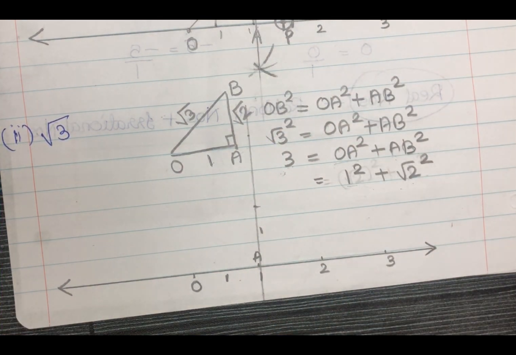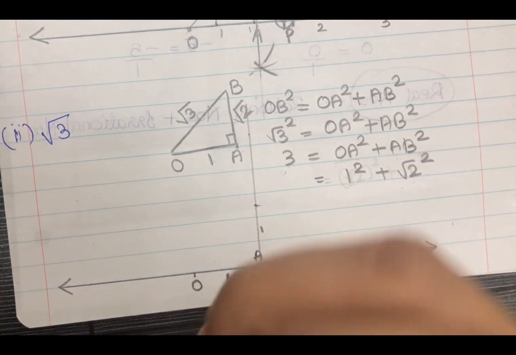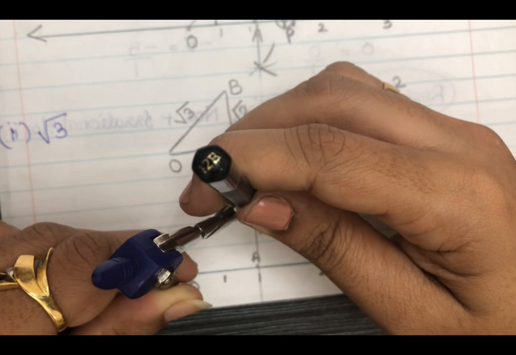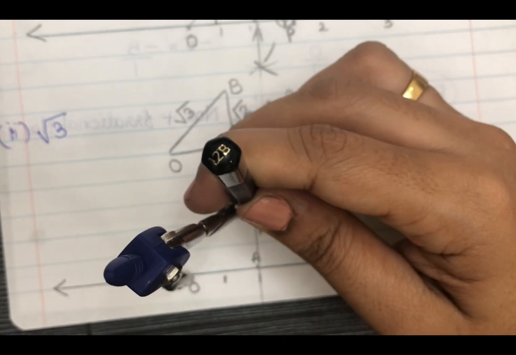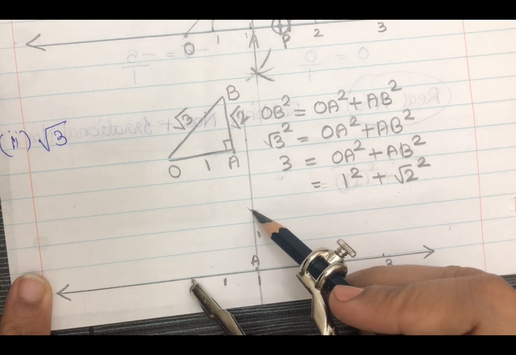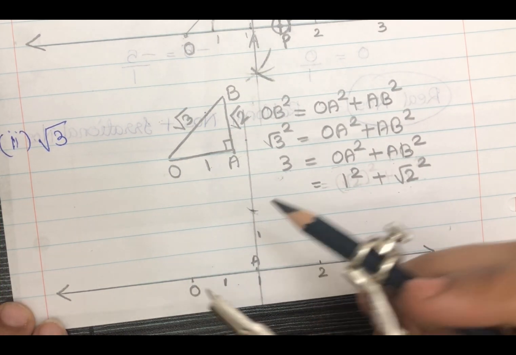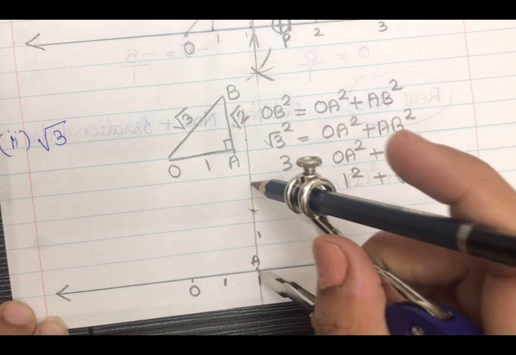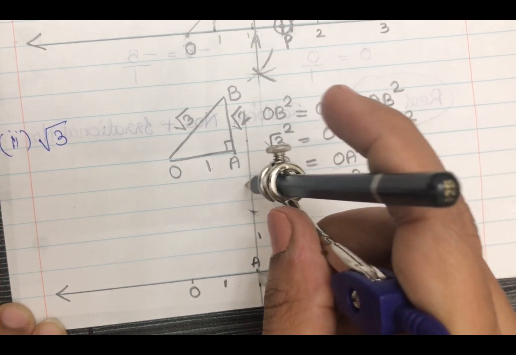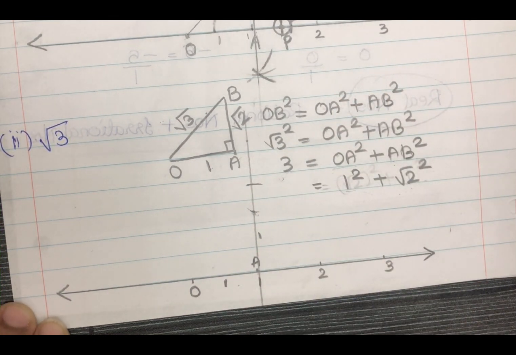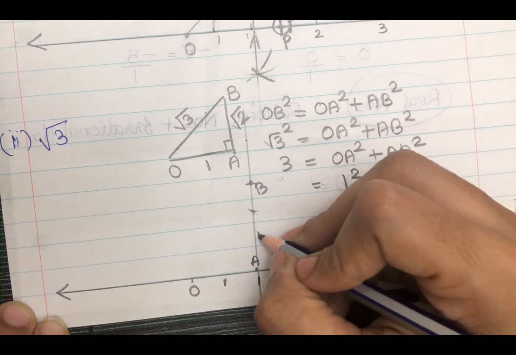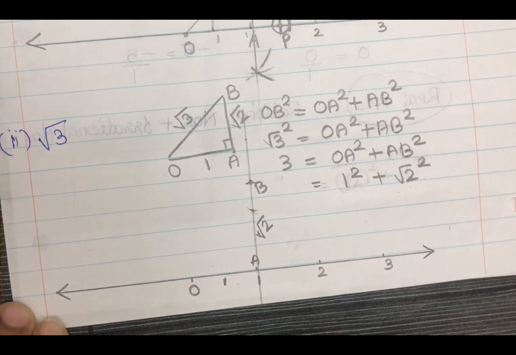And I know this is root 2, the distance between O and this point. So I'll mark root 2 on my perpendicular line. So now I got the point B, and here is root 2.